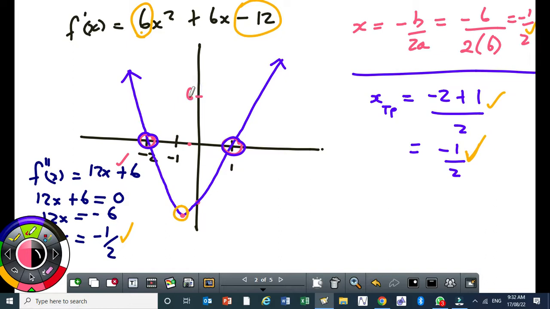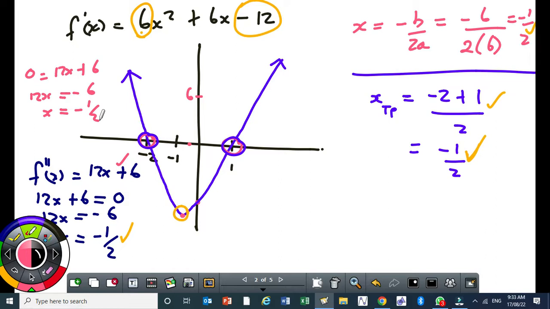For the x-intercept, I put f double prime of x equal to 0, so 12x plus 6 equals 0. If I solve this, I get 12x equal to minus 6, then x equal to minus a half.